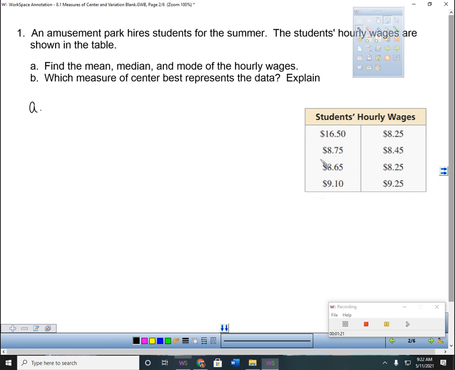When you put them in order, you start with the smallest. Our smallest value is $8.25, and I'm going to mark that off. And then I have another $8.25.